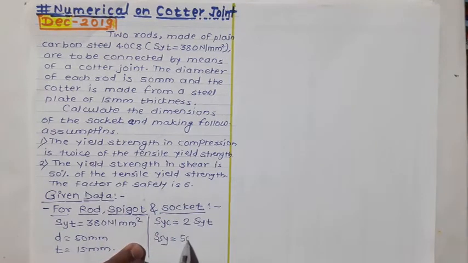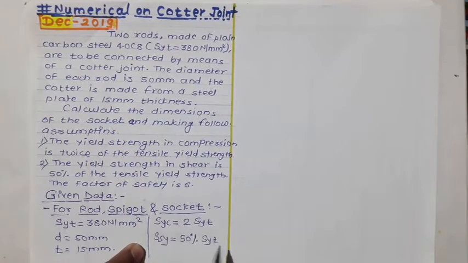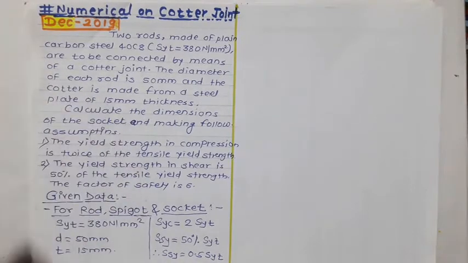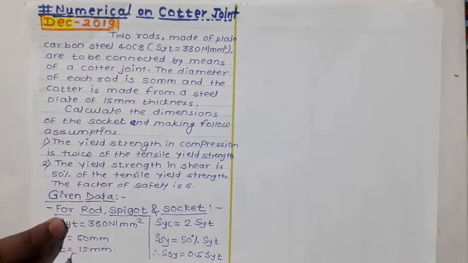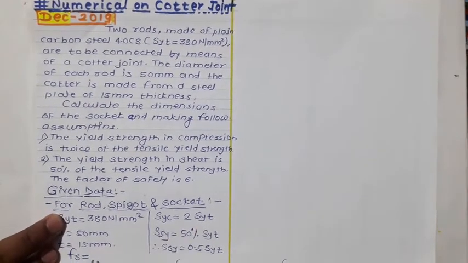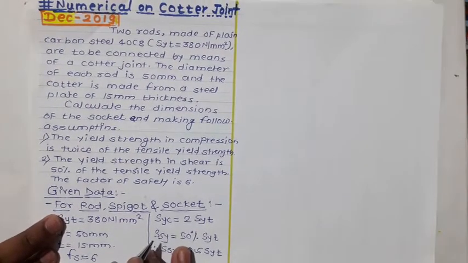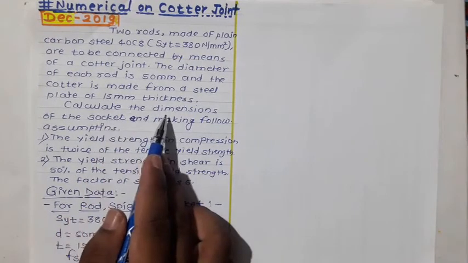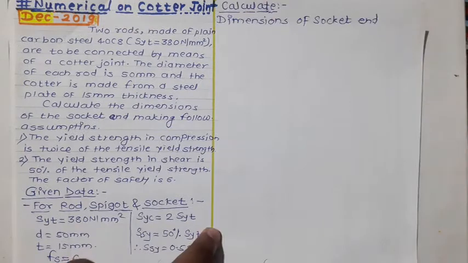So we can write here, therefore SSY is equal to 0.5 SYT. Okay, and the last line is factor of safety. So factor of safety is given here, it is 6.